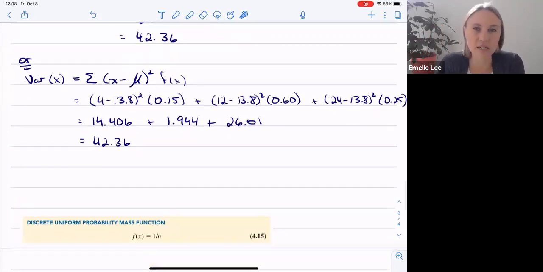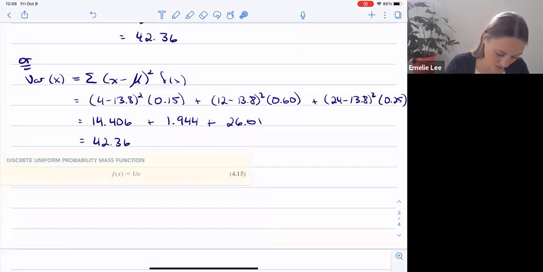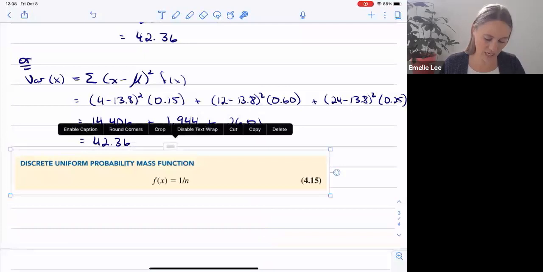So our default probability mass function is going to be the uniform probability mass function. And so what we use when we calculate the average, just how we usually calculate the average, is we assume that we have a uniform distribution.